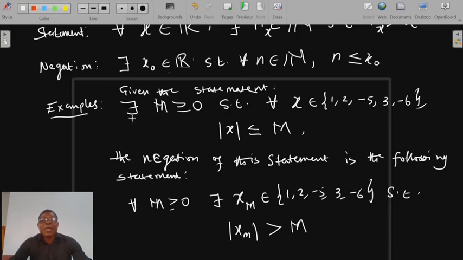For example, here, there exists m greater or equal to 0, so that for all x in here, absolute value of x is less than or equal to m. Its negation: there exists will change to for all. This m greater or equal to 0 remains. So that for all this, there exists.